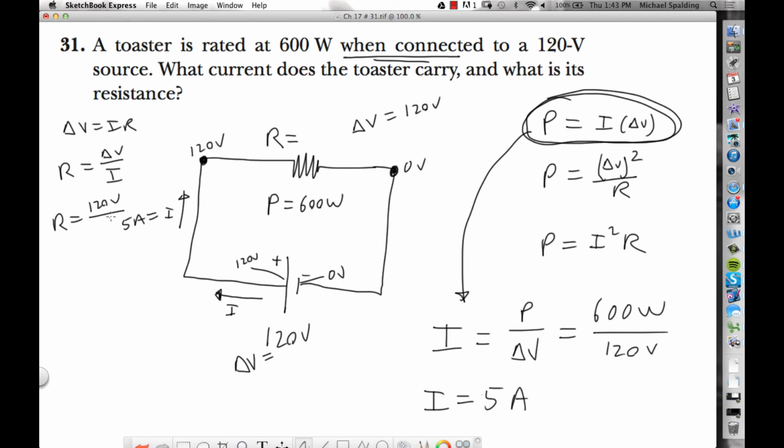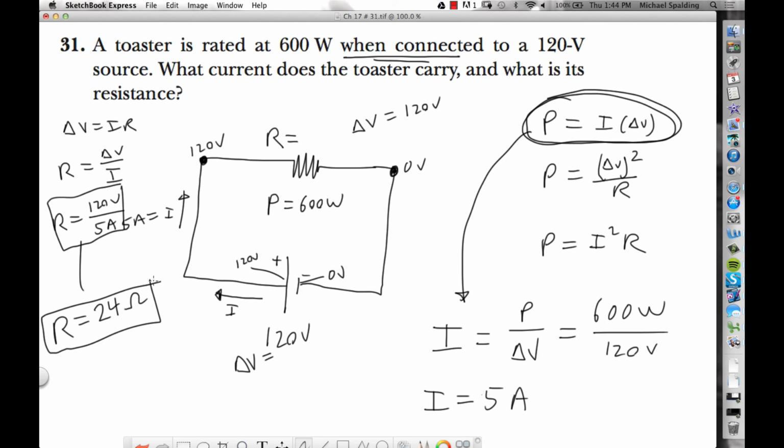Still 120. What's the I? 5 amps. So we plug into that. 120 over 5. What's that going to be? 24. 24 ohms.